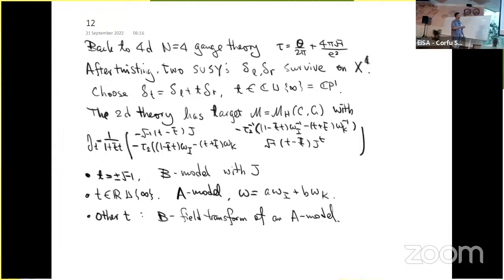And therefore, we can choose our BRST generator to be a topological generator, a linear combination of those. And of course, only one of the coefficients matters. So I can take this to be a complex number or infinity. So t is an element in CP1. So there are CP1 worth of possible topological gauge theories.